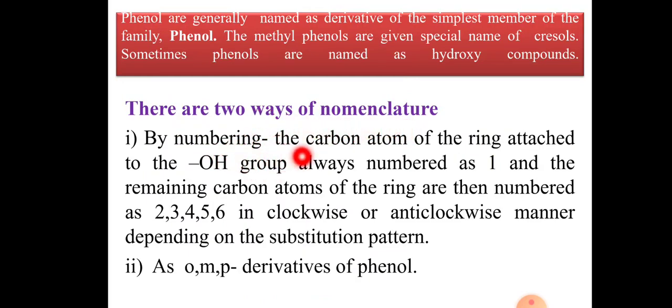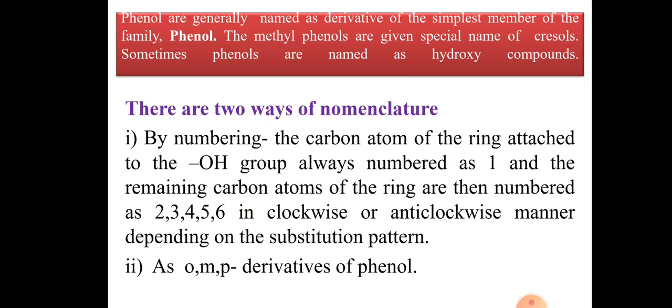Number one, the carbon atom of the ring attached to the hydroxyl group is always numbered as 1, and the remaining carbon atoms of the ring are then numbered as 2, 3, 4, 5, 6 in a clockwise or anti-clockwise manner depending on the substitution pattern.